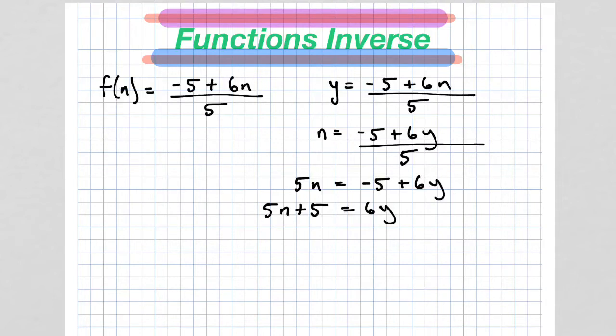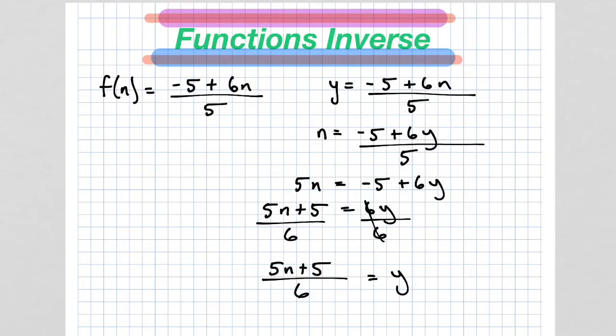Now we are multiplying y by 6. To reverse the multiplication, we're going to do division. We're going to divide both sides by 6. That cancels out, and we're left with 5n plus 5 over 6 equals y.